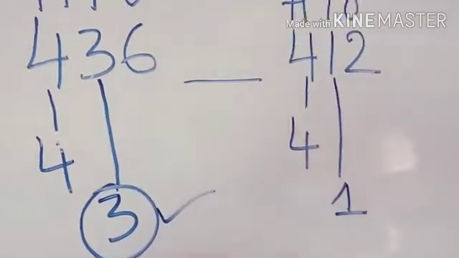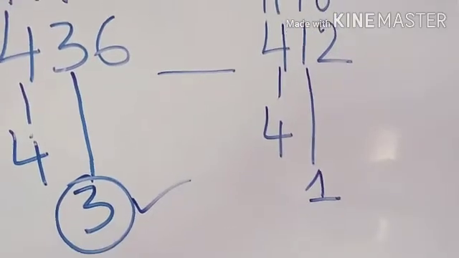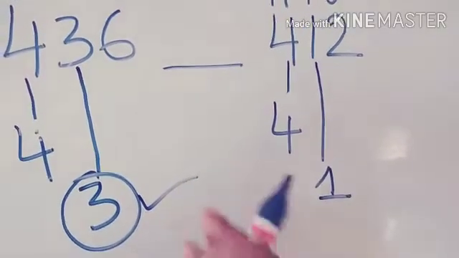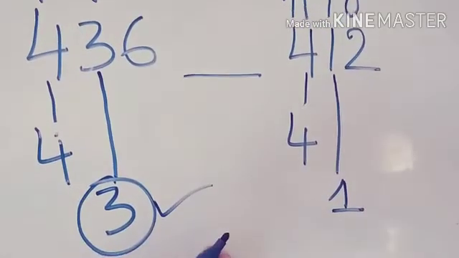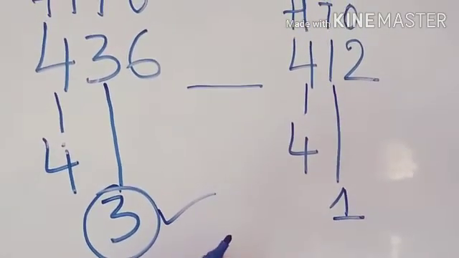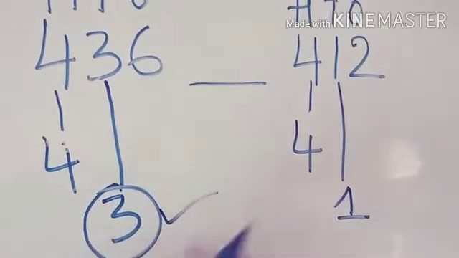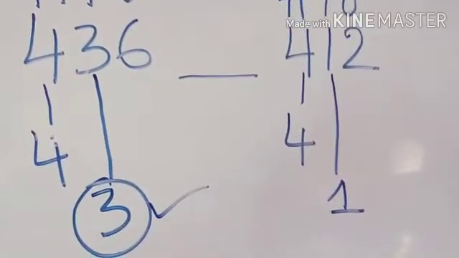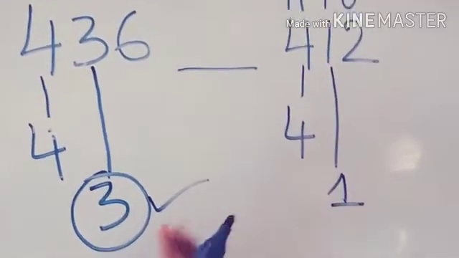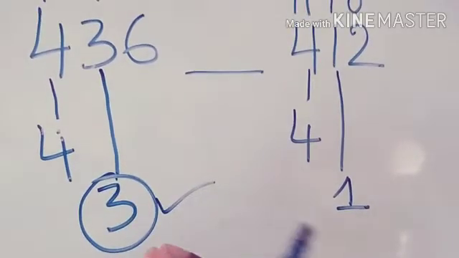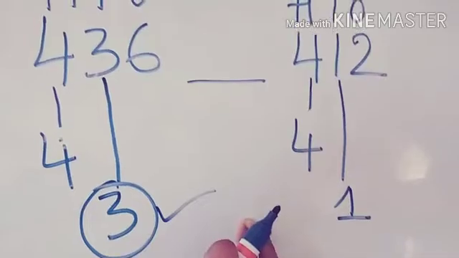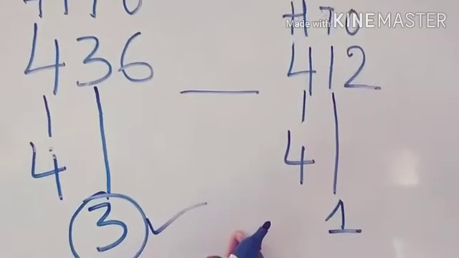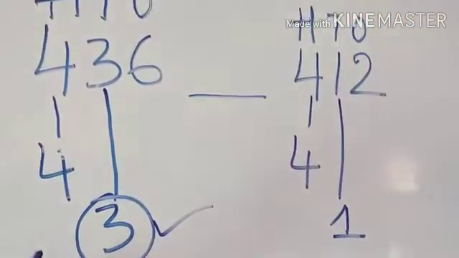So the crocodile wants to eat the bigger number or the smaller number? Yes, it will eat the bigger number. Okay students, by this you can understand the mouth of the crocodile will open towards the bigger number. Understood children? Now read these numbers.